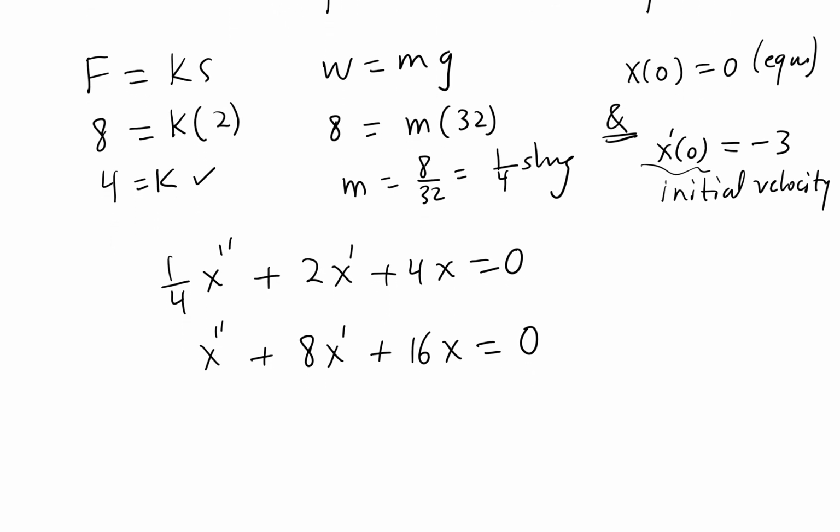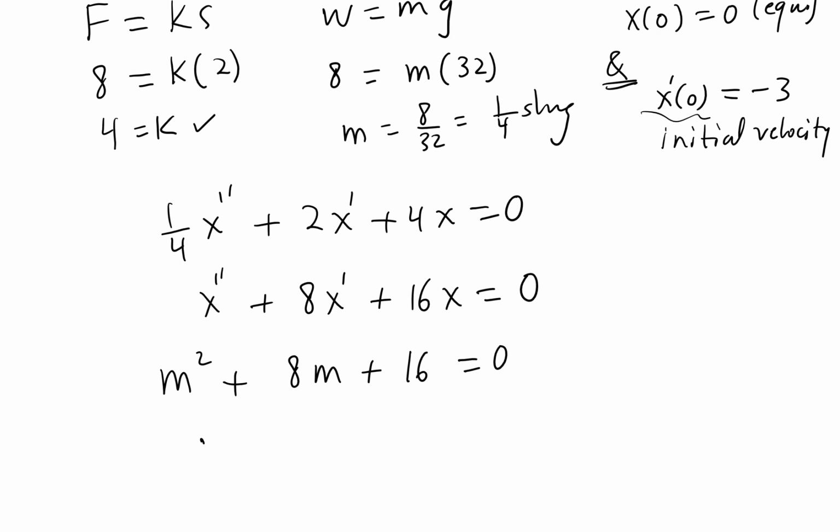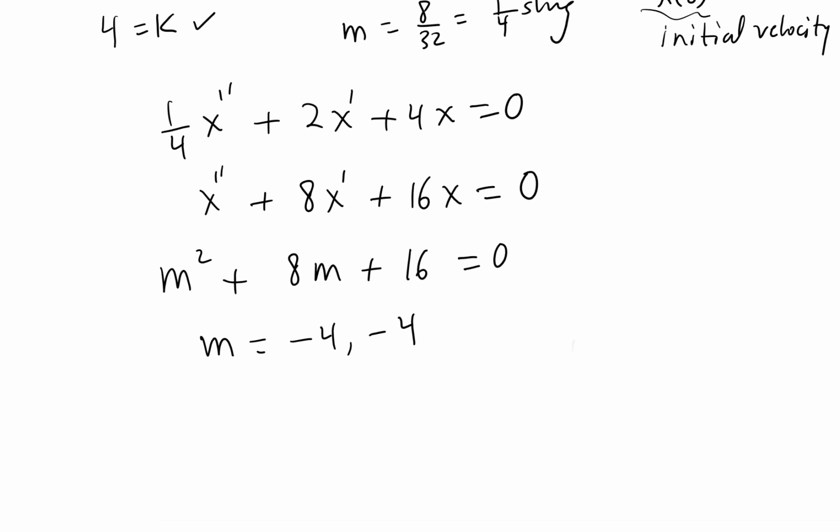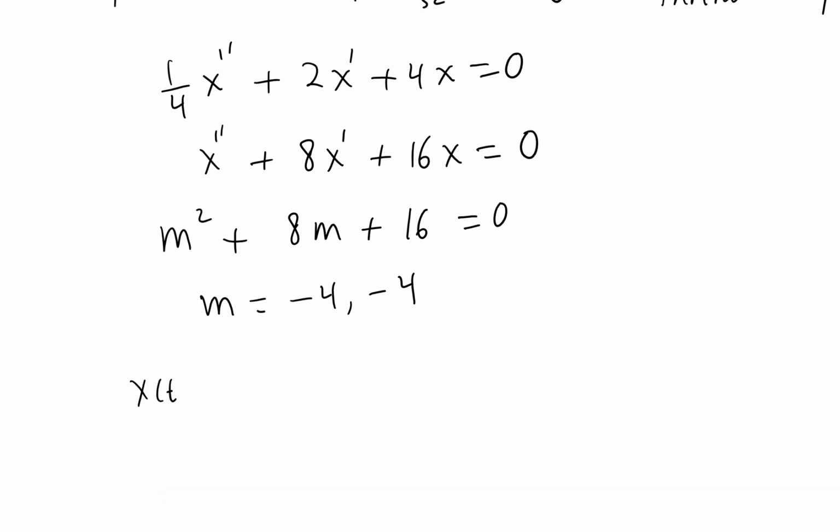Then the characteristic equation becomes m squared plus 8m plus 16 equals 0, which gives m plus 4 squared, so m equals -4, repeated roots. So the solution would be x of t equals c1 e^(-4t) plus c2 t e^(-4t), because it's repeated.